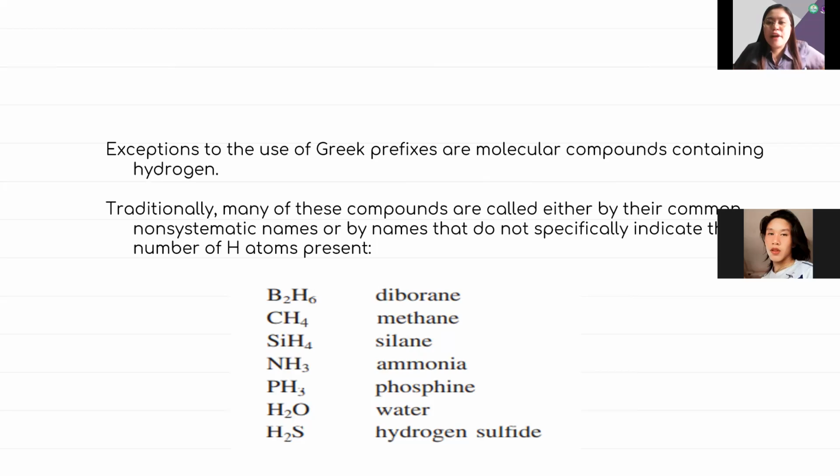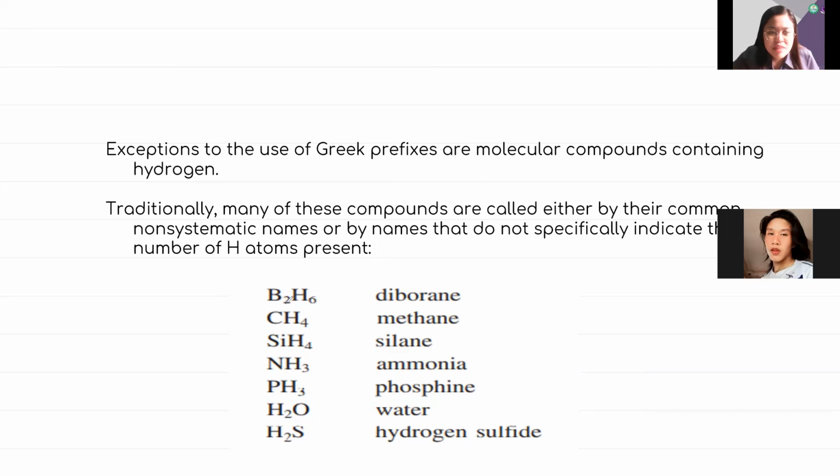Many of them are called either by their common name or their non-systematic names, names that don't show the hydrogen in the chemical formula. So again, these are exceptions to the rule. Most of the time, compounds with hydrogen don't follow the guidelines in using prefixes.